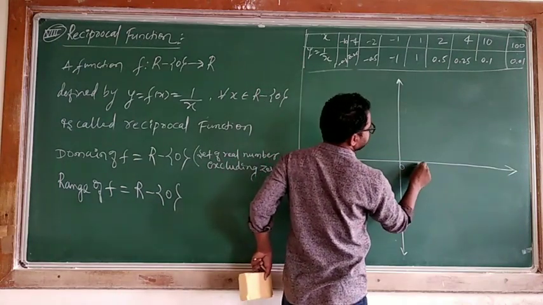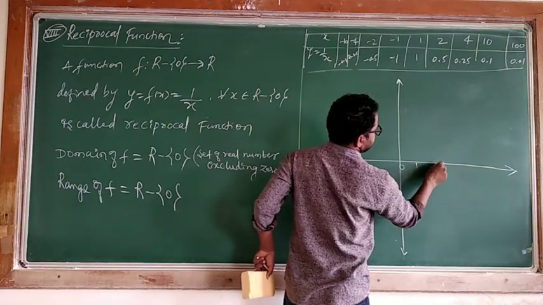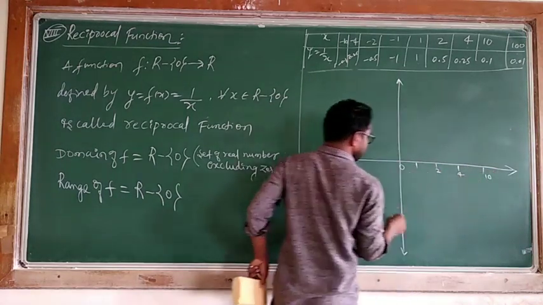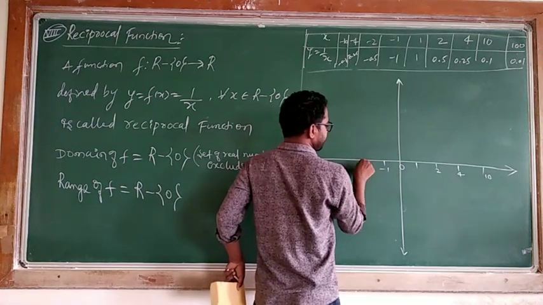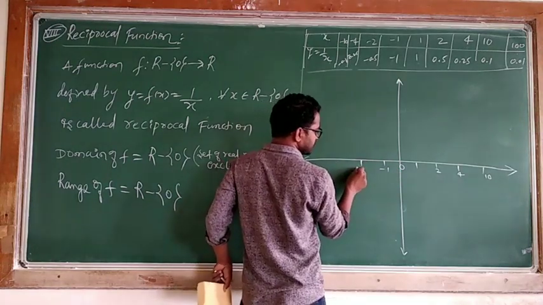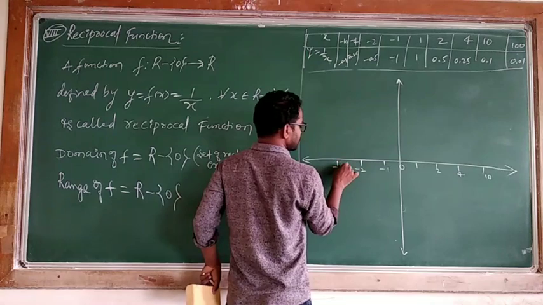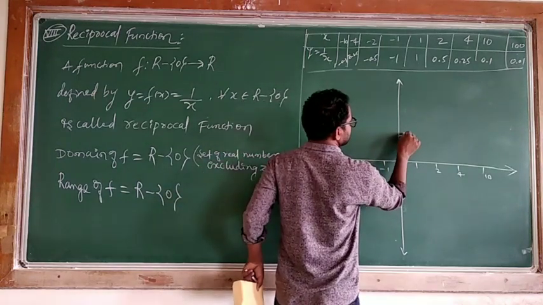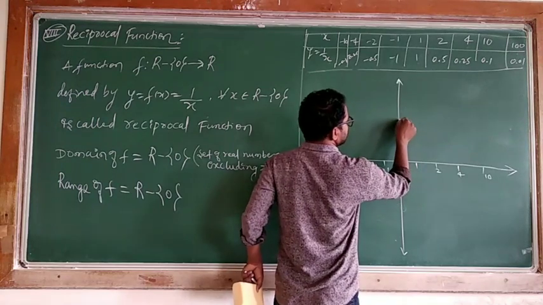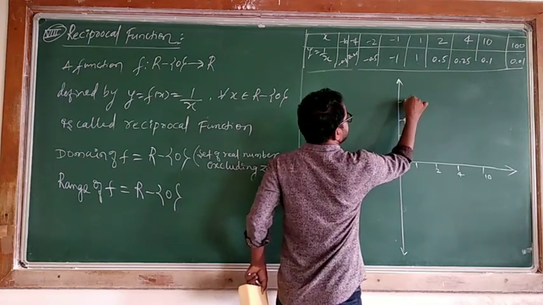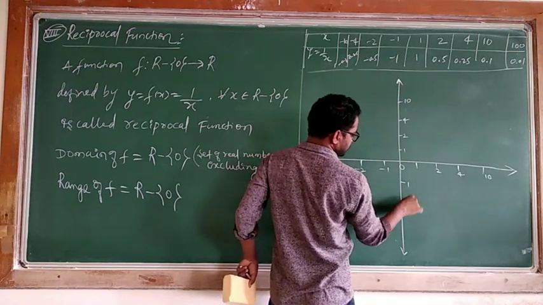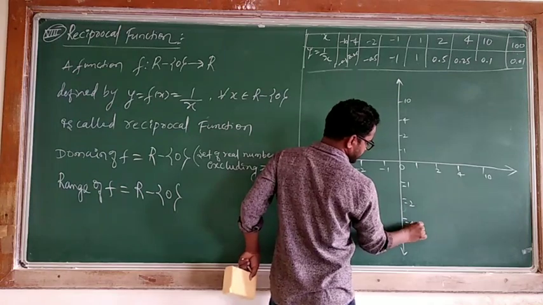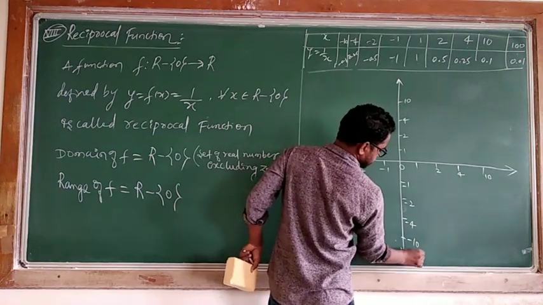So 0, I can say 1, and then 2, then 4, then 10, like here also -1, -2, -4, -10, like here also 1, 2, 4, 10, like here again 1, -2, -1, -4, -10, y dash.